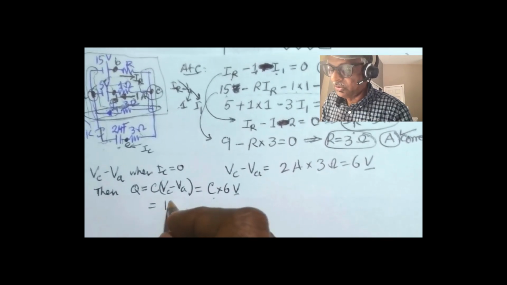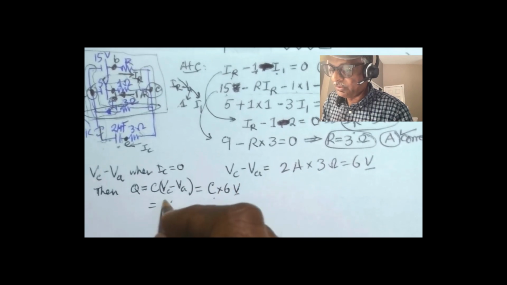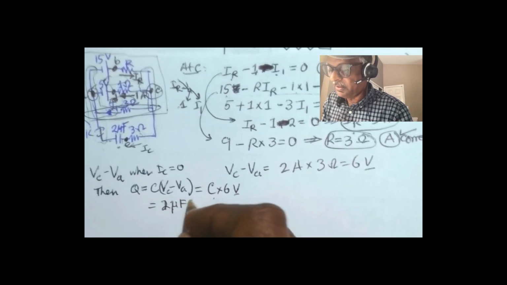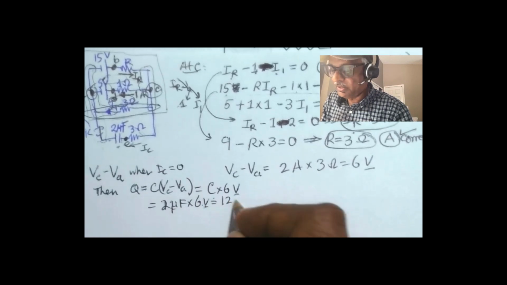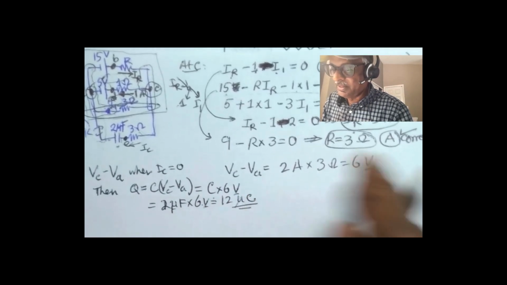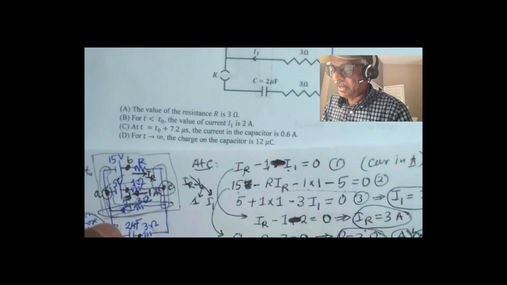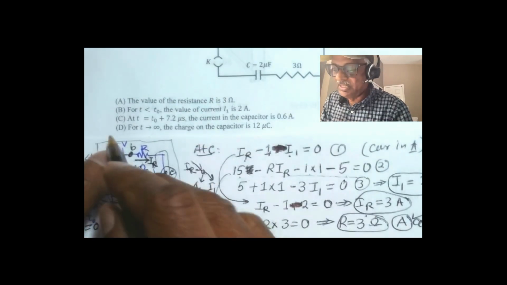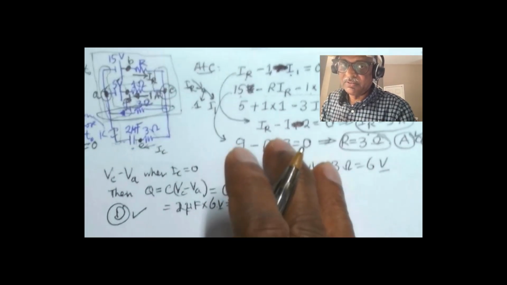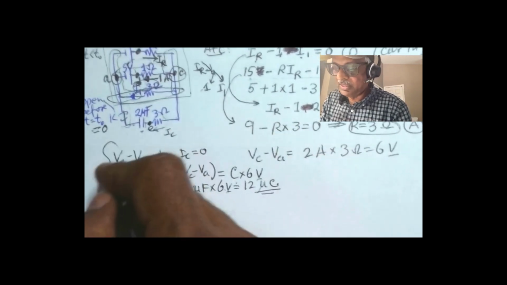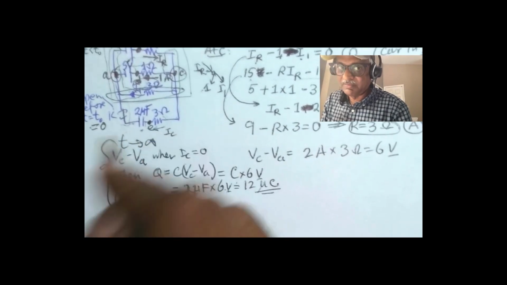So 2 microfarad times 6 volt, and this will be microcoulomb, so 12 microcoulomb. And so that one actually is, D is correct too. This just said D is correct. So that's just easy to get, the t goes to infinity limit.